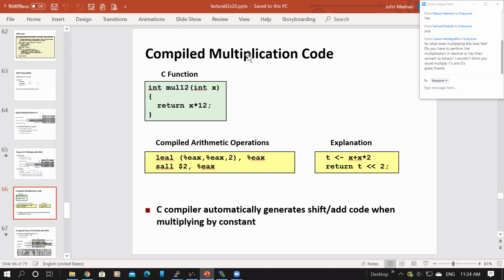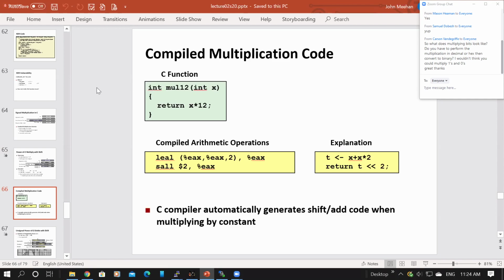So we have this little example here, and this is one of these crazy pedantic examples. No one in their right mind would ever write a function to do this. What this function does is you hand it something and it multiplies it by 12 and hands it back to you. Well, we'll learn in this course all the overhead associated with making a function call and getting those parameters and everything and putting the result back to the caller.